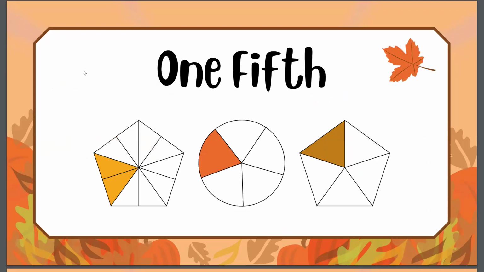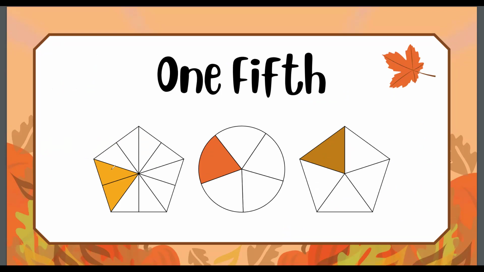Now next we have 1/5. How do we check 1/5? Again the same process, you need to check how many parts there are. So let's start from here: 1, 2, 3, 4, 5, 6, 7, 8, 9, 10. Total parts are 10, and we write the total number of parts in the denominator.